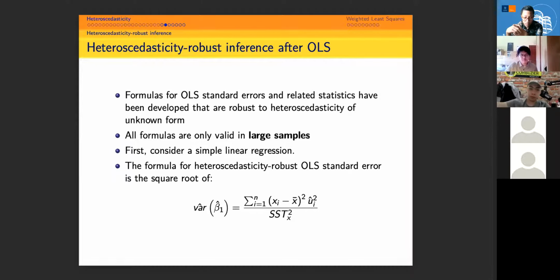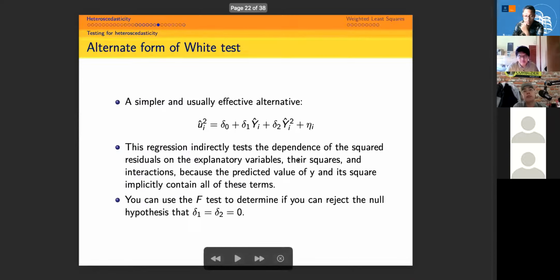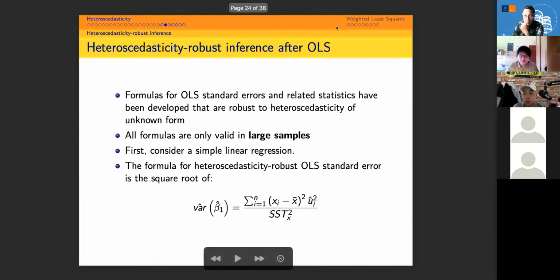All right, so the first thing is, let's consider a simple linear regression where you regress y on x. Now, the formula for heteroskedasticity robust OLS is the square root of the following function. Recall that in the absence of squared residuals, it's just the normal variance of beta 1 hat.